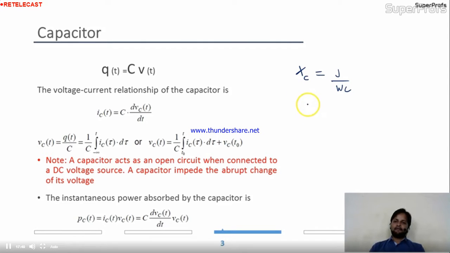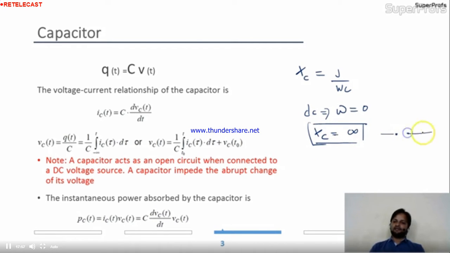Now, for DC, what is the omega value? Frequency is 0, omega is 0. So if omega is 0, Xc is infinity by this formula. What does infinity mean? Infinity resistance means open circuit. Between A and B, if the circuit is open, the resistance is infinity, so no current can pass over here.